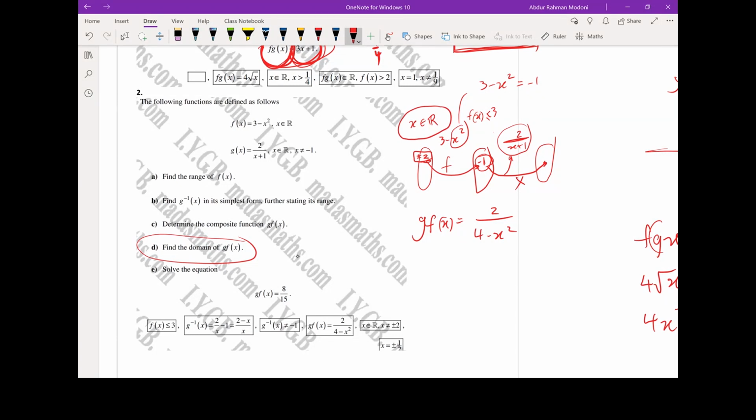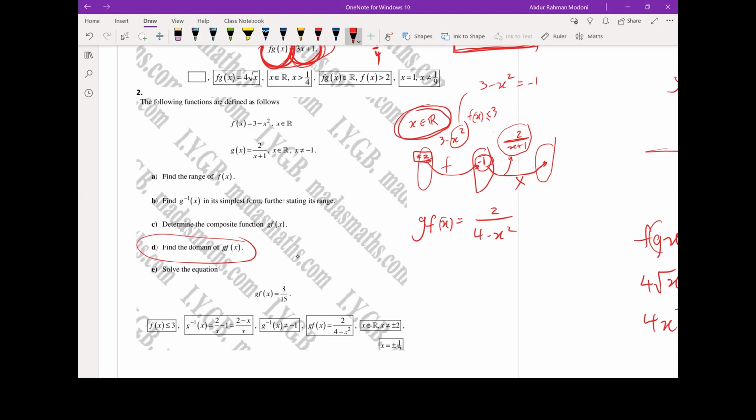Don't just assume it's always going to be whatever the domain of the first function applied is. You have to consider whether it's going to work for both of them. As we saw, there was one particular value that doesn't work for the g of x function, minus 1, which meant that the original input had to be plus or minus 2.